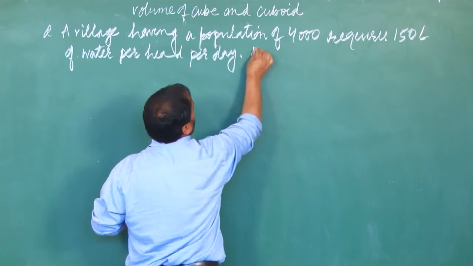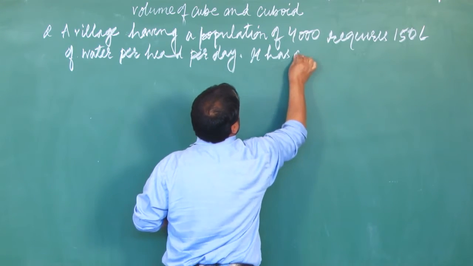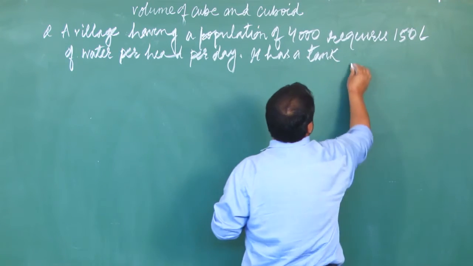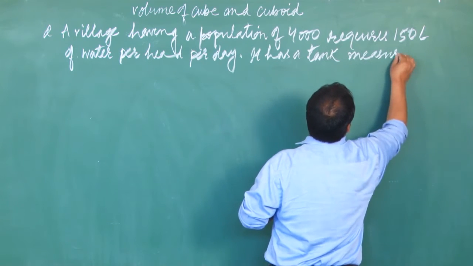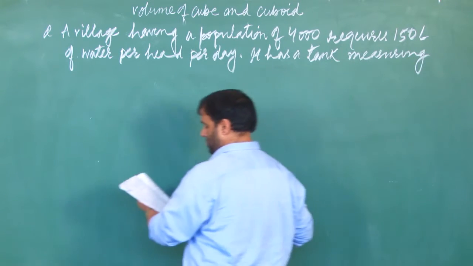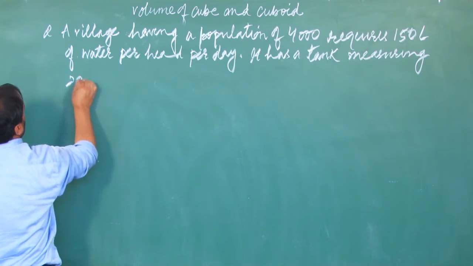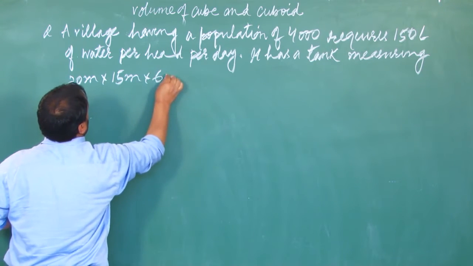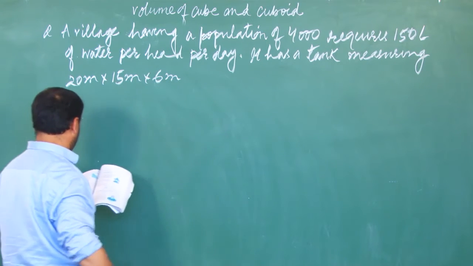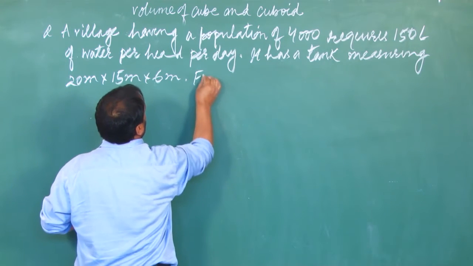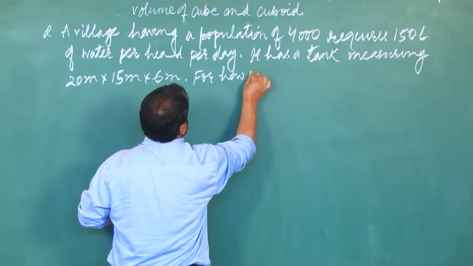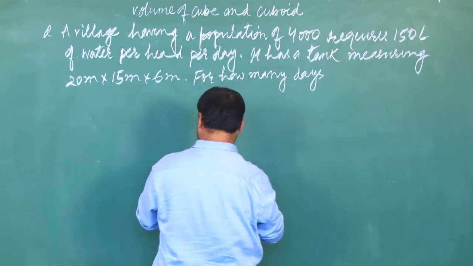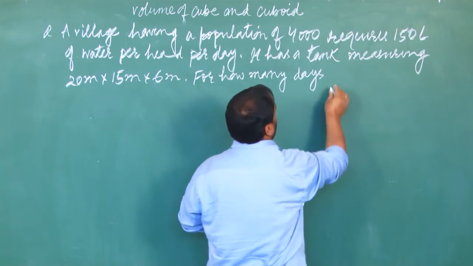It has a tank measuring 20 meter by 15 meter by 6 meter. For how many days will the water of this tank last?